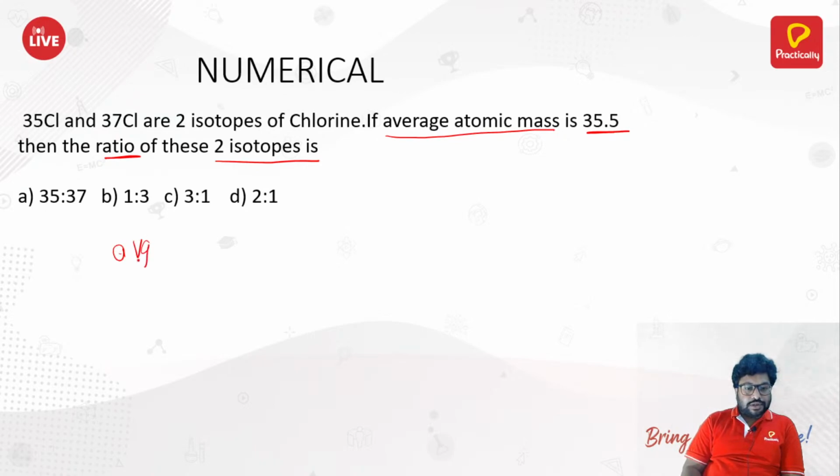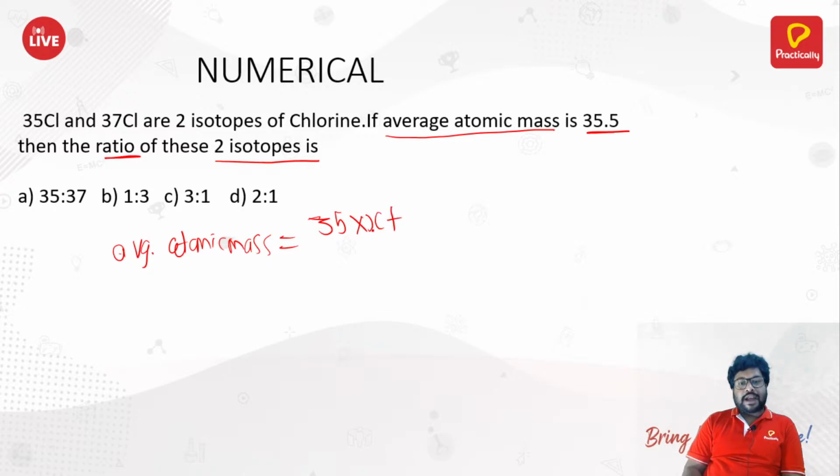Now, what is our general formula for this? Your average atomic mass is equal to, you take the atomic mass of one chlorine, which is 35, right? Suppose its percentage, we don't know how much percentage of 35 chlorine there is. Suppose it is X percent.